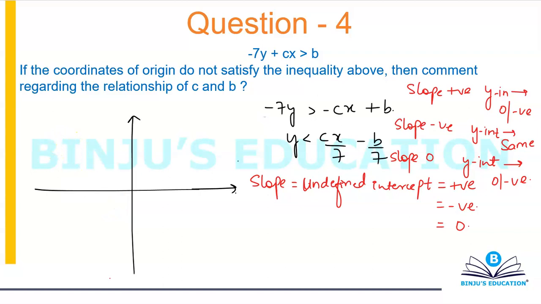So you're going to have two lines, 1 and 2. So slope is not defined and neither is the intercept defined in this case.